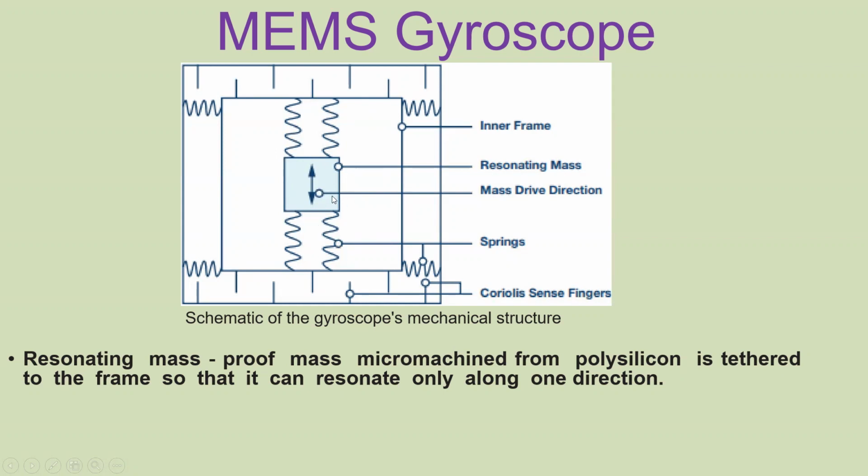Rotating and moving in a linear direction, you get a Coriolis force. So just by measuring the Coriolis force, you can measure the rotation, omega, because in the Coriolis force equation, you have omega, right?